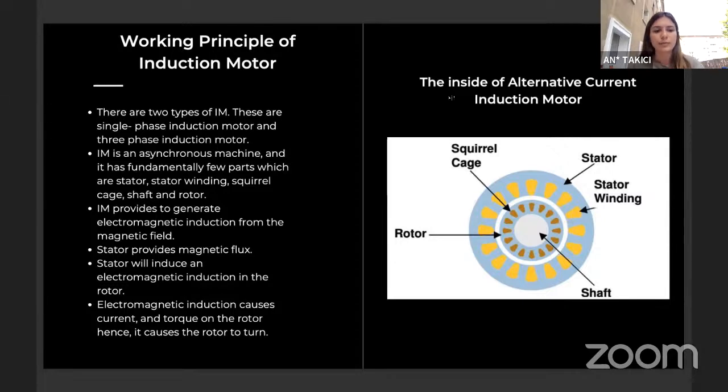After that, the electromagnetic induction causes current and torque on the rotor, which causes the rotor to turn. This is the working principle of the induction motor. In general, the aim of the induction motor is to generate electromagnetic induction from the magnetic field.